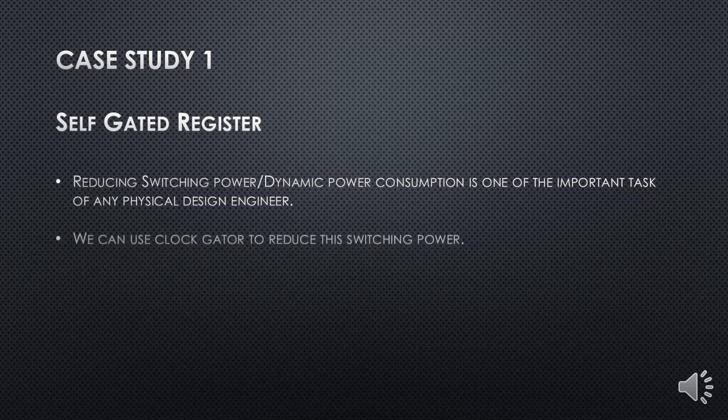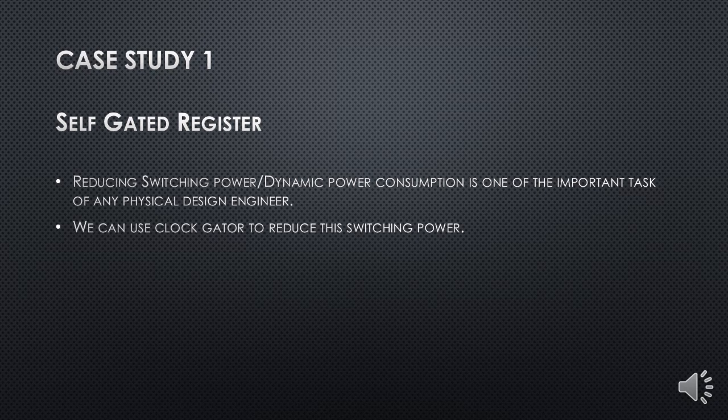To do that, we can use the clock gator to reduce the switching power, because the clock is the one signal which is constantly switching from 0 to 1. The clock signal will switch forever, so the majority of the switching power is because of the clock signal.